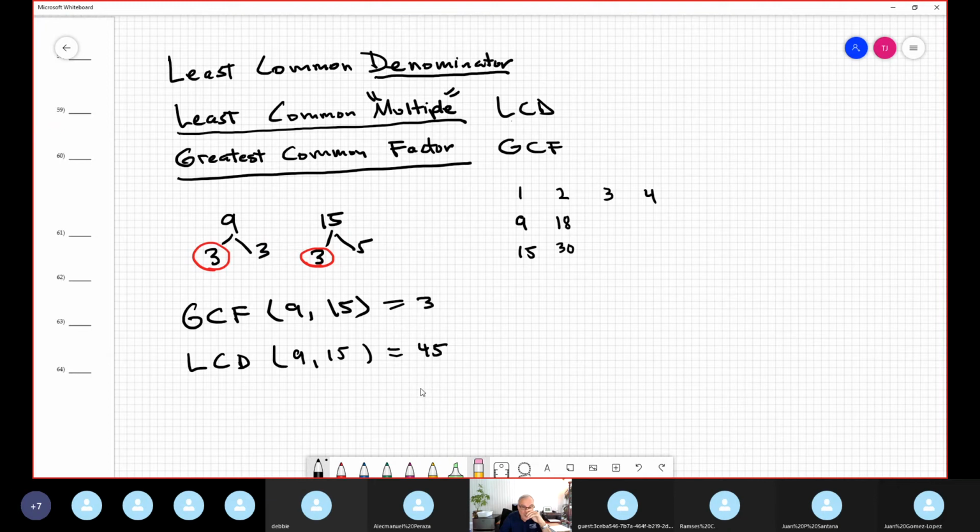When you multiply by 3, this is 27, and this is 45. By 4, it's 36 and 60. And by 5, it's 45 and 75. And you keep going, and we have a collection of numbers.